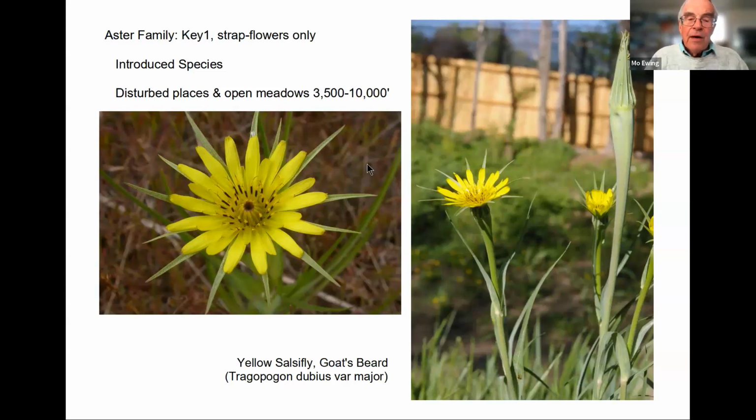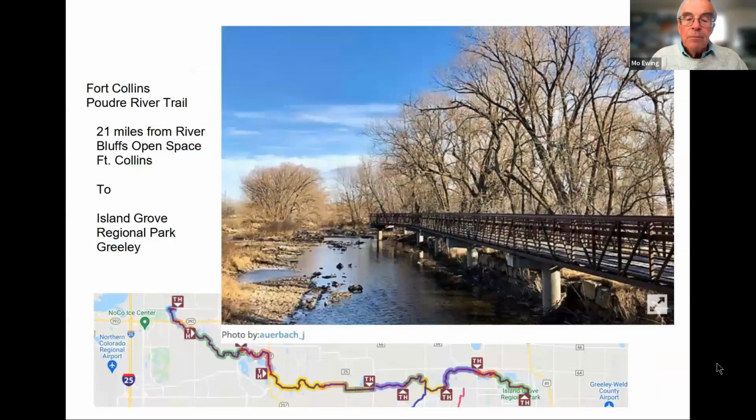I thought that I'd try to identify a trail up in Fort Collins, the Poudre River Trail. I don't think I've ever walked any part of this. It's a 10-foot wide, 21-mile long trail along the Cache La Poudre River.